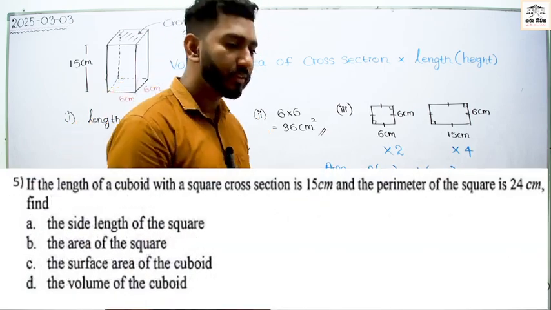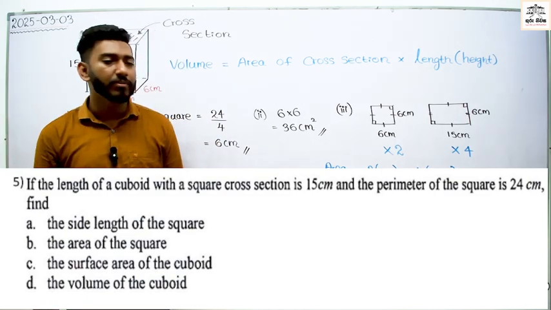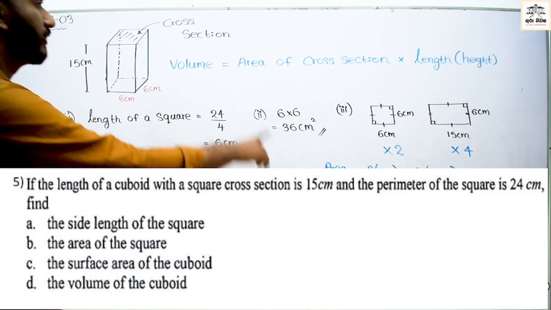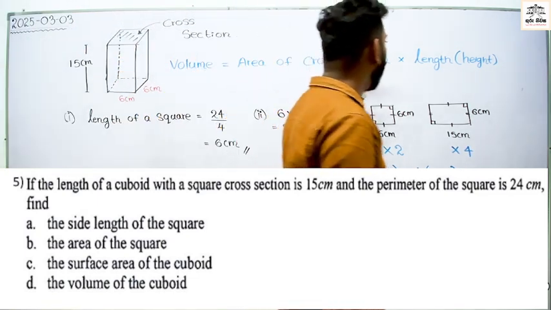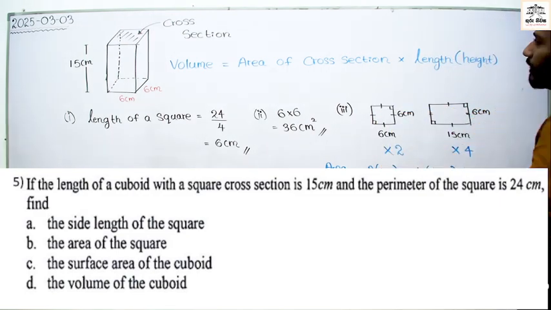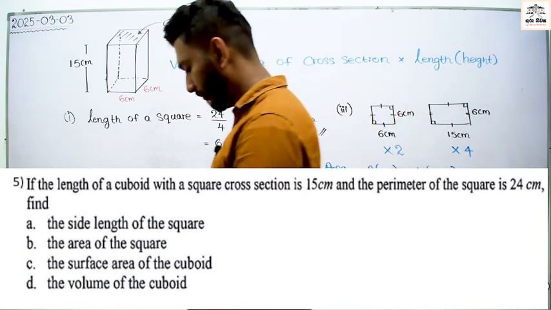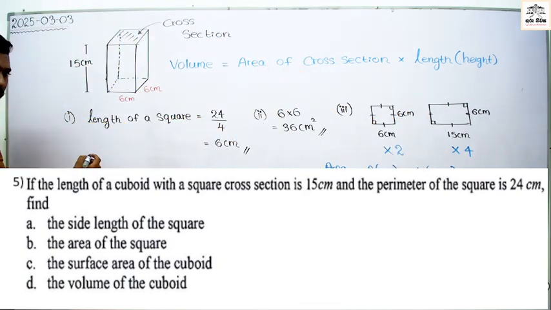And next one, the volume of the cuboid. The volume of the cuboid becomes as a area of the cross section multiplied by length. නැත්නම් අපි දන්නවා පුතේ cuboid කියලා කියන්නේ volume. එක D නේද?